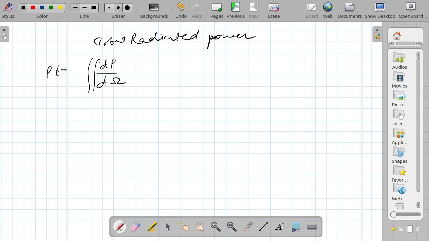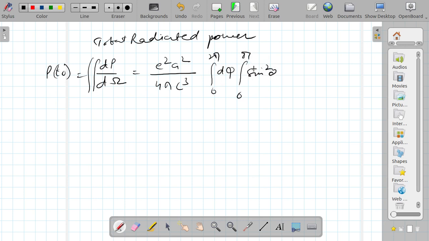So P is equal to this, or this can be expressed as E square A square over 4 pi C cube, integral from 0 to 2 pi d phi, and this integral from 0 to pi sine square theta sine theta d theta, and the value of this integral comes out to be 8 pi by 3.